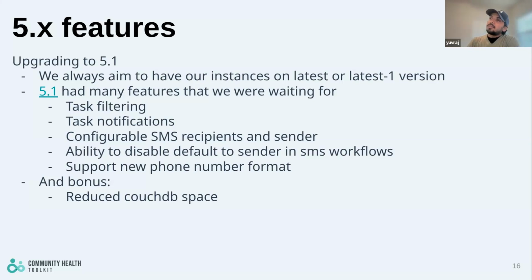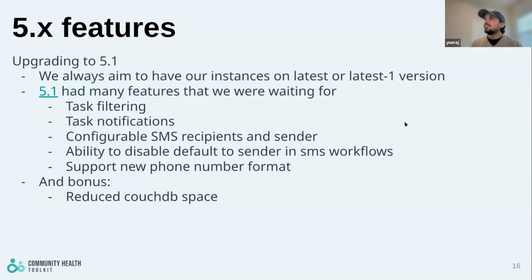And in Nepal, recently, a new phone number was considered valid, and we also needed that. So those were the major things that we wanted our instances to be upgraded to 5.1. And also, as a bonus, CHT 5.1 comes with reduced CouchDB space.